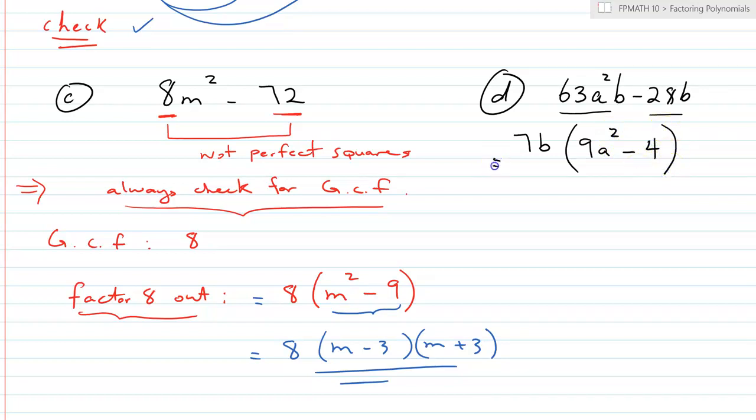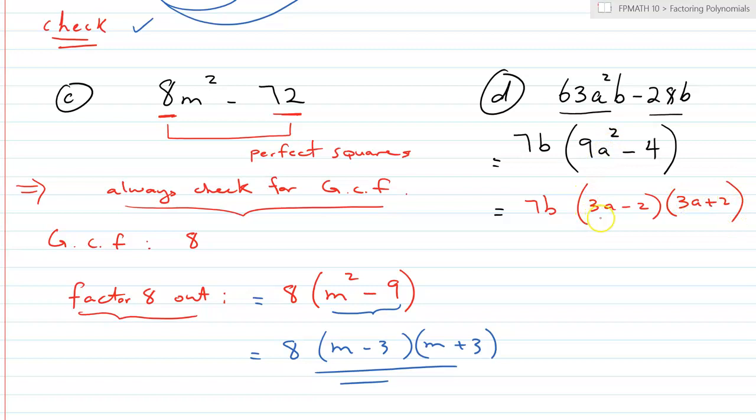Close the bracket. For the purpose of this, you leave the 7b alone. Inside, 9a squared minus 4 is a difference of squares, so now you can go right ahead and factor using the difference of squares.